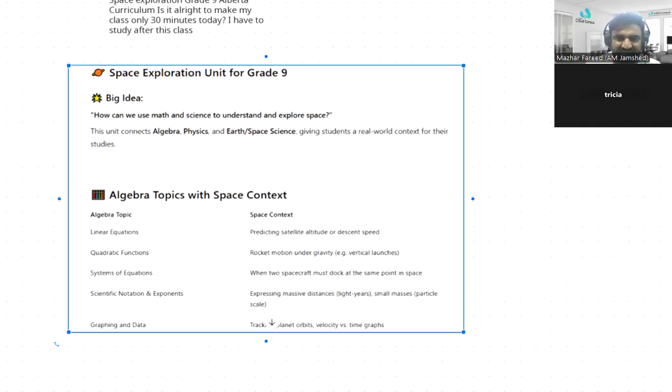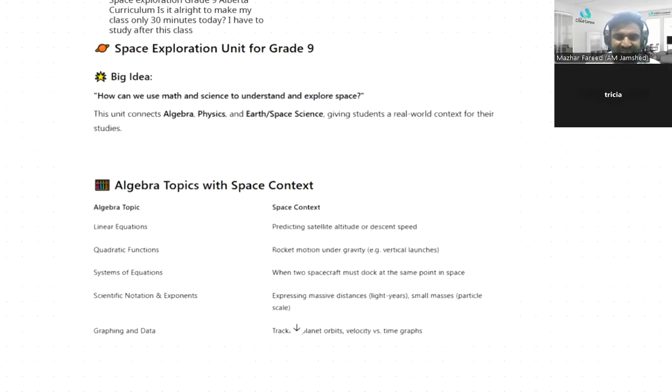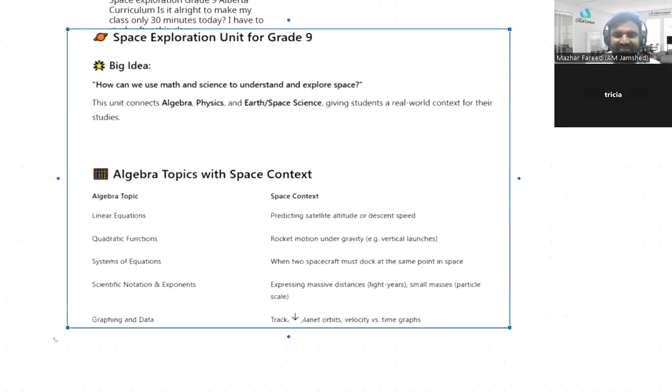So there are some space context algebra topics, like linear equation. Linear equation is used for predicting the satellite altitude and descent speed.